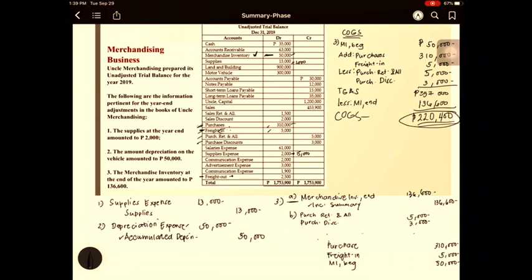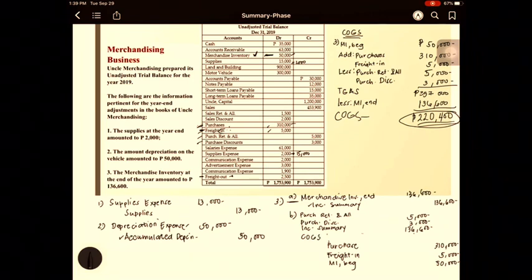Therefore, to close its amount, we have to debit income summary for the amount of 136,600. Alright, so after doing all those, we can now recognize your cost of goods sold here.